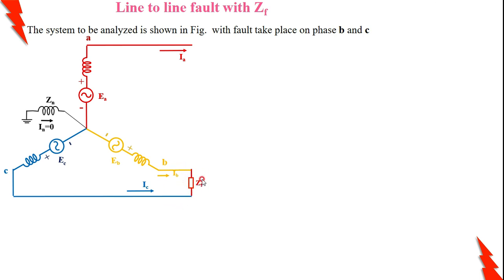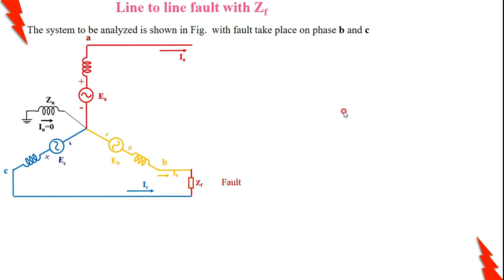There is a voltage drop, that is nothing but IB into ZF. Therefore, you can write the voltage condition as VB minus VC is equal to IB into ZF. That is, there is a potential difference between this point and this point, that is IB into ZF.